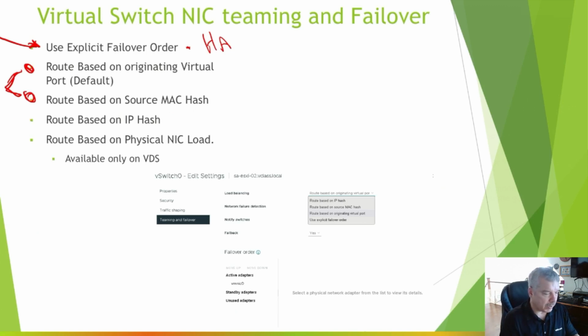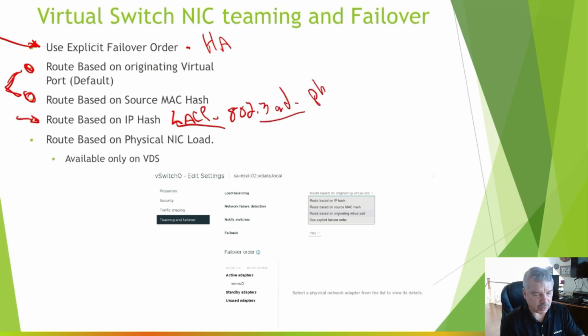Same thing with route based on IP hash. This requires Link Aggregation Control Protocol, LACP, 802.3ad link aggregation on your physical switches. So you need to set this up on your physical switch. Again, most network guys are quite familiar. Same kind of concept here. It will do, again, I don't want to say load balancing, it does distribution across, let's say, your two NICs.